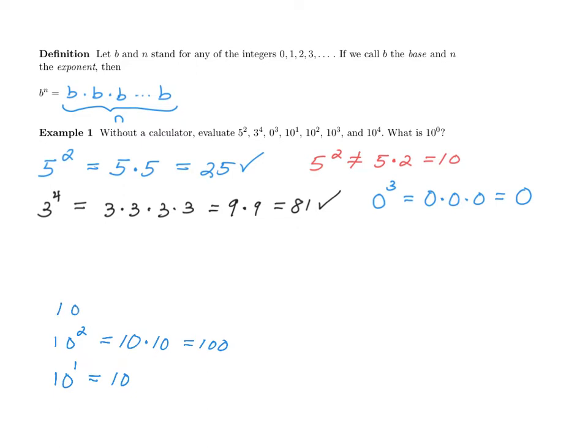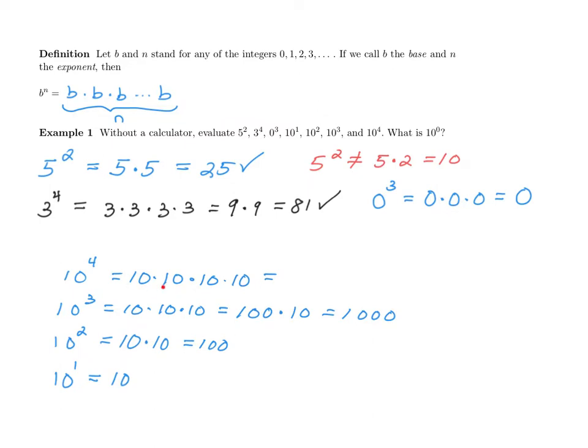10 cubed, the next one in our list, is 10 times 10 times 10, which is 100 times 10, which is equal to 1,000. And I have one more here, 10 to the power of 4. Again, that's 10 times 10 times 10 times 10.